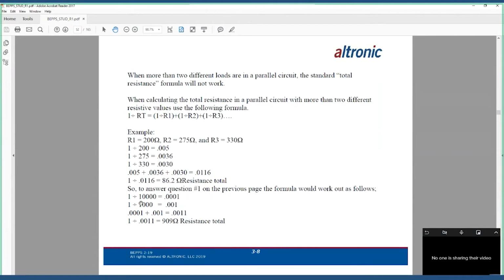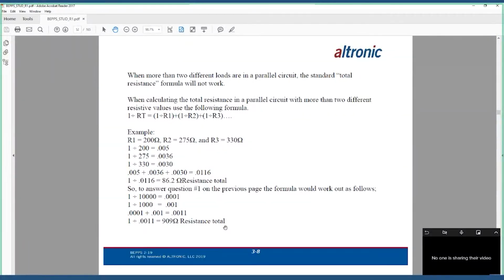So to answer question 1 on the previous page, the formula would work out as follows. Well, we kind of said it did, but let's look at this. 1 divided by 10,000 equals 0.0001. 1 divided by 1,000 equals 0.001. If we add those together, we've got 0.0011. 1 divided by 0.0011 equals, hey, wait a minute, that's starting to look familiar, 909 resistive total.